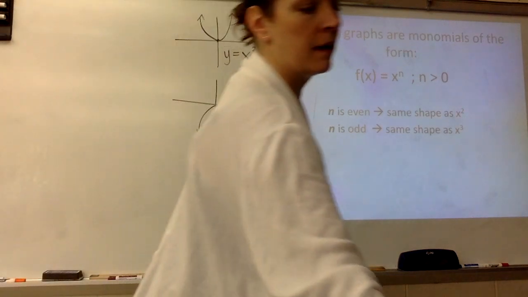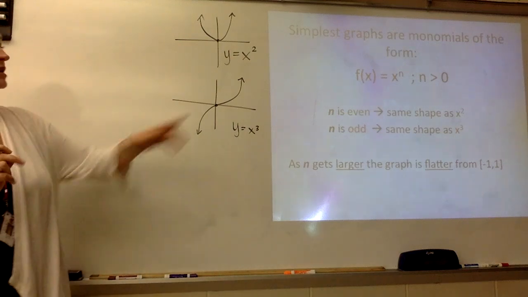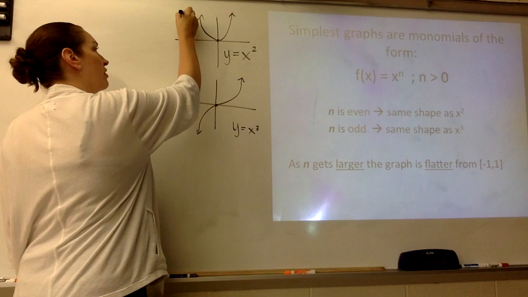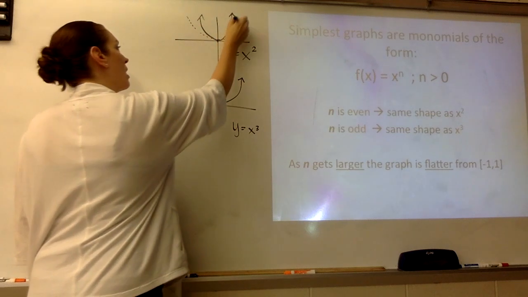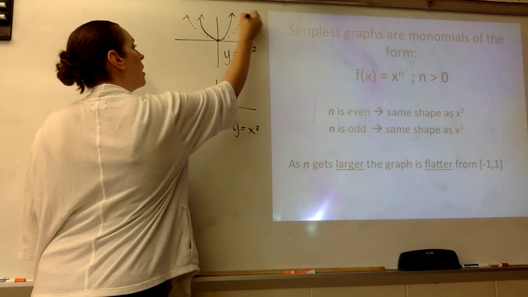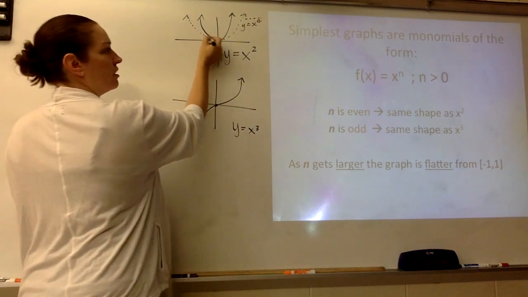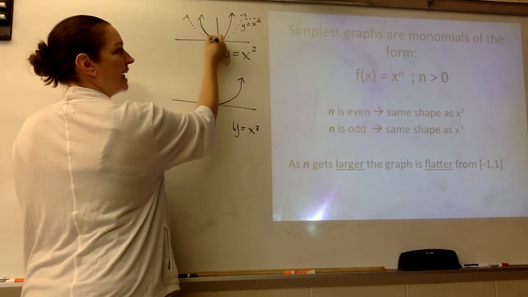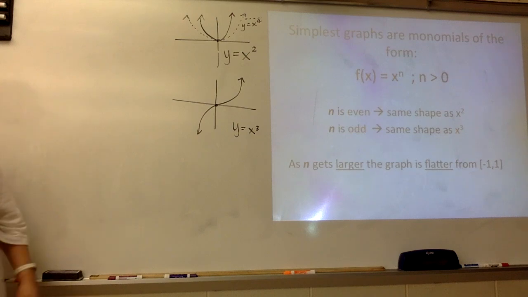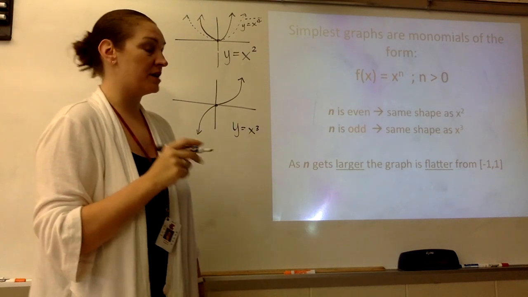As n gets larger and larger, so this might be x squared. If I go to x to the 4th, my dotted line, it's still U-shaped. It's just that down here at the vertex, it's much more flat. So that's something that we can also extend to our knowledge of what the graphs would actually look like.